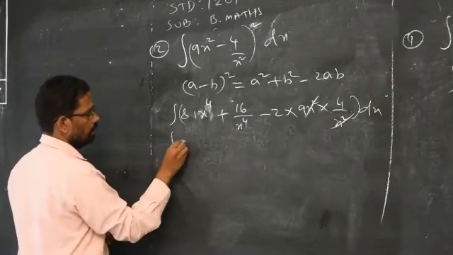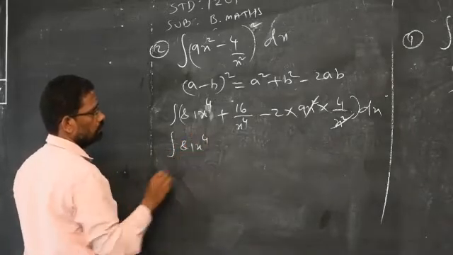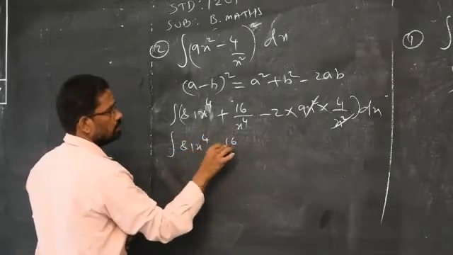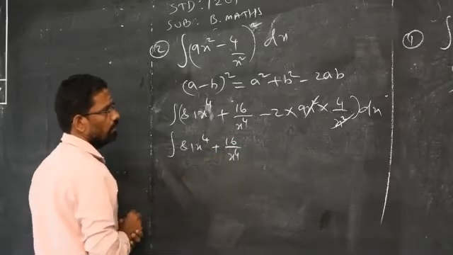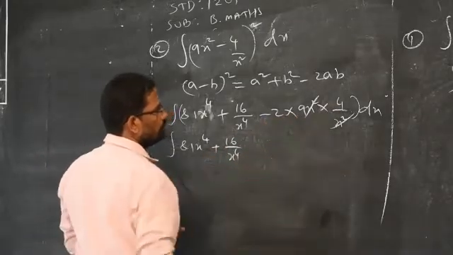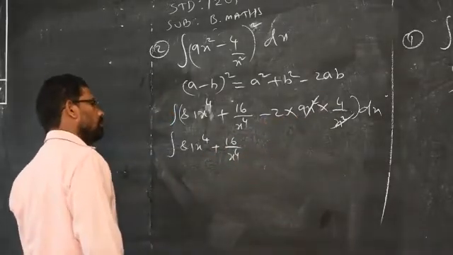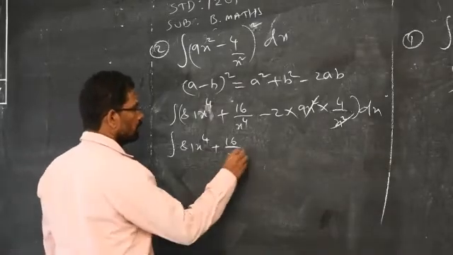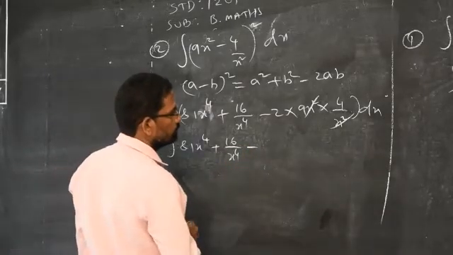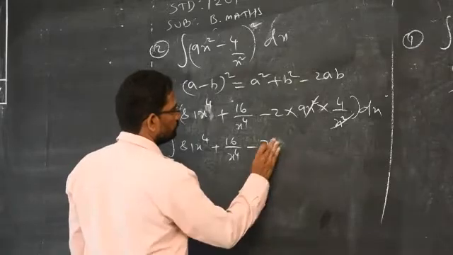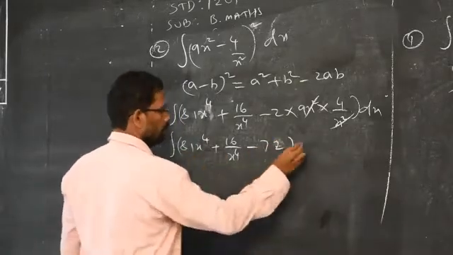Integrate 81 x power 4 plus 16 by x power 4. Then multiply 9 4s are 36. 36 into 2, 82 or 72? 72. Close the bracket, dx.